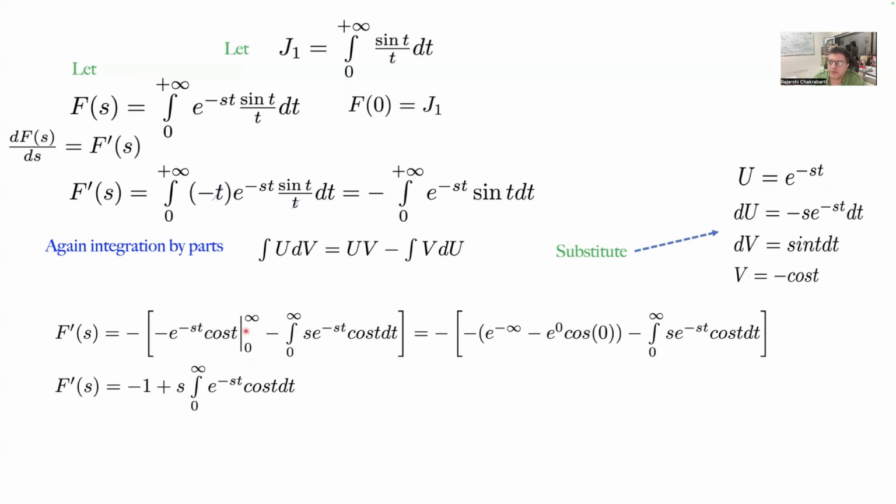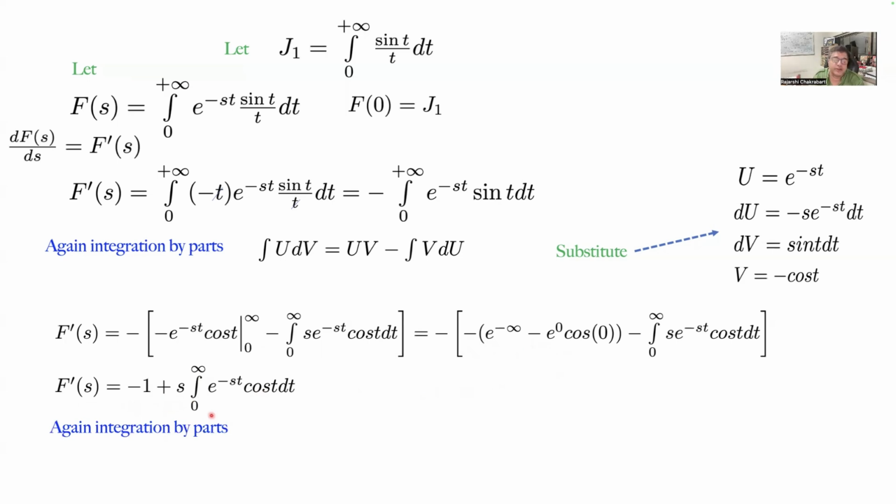When t goes to infinity, this exponential of minus infinity is 0. When t goes to 0, cosine 0 is 1. So it is actually 0 minus 1. With a minus sign here, you have to take care of all the signs very carefully. And you will see that f prime s is minus 1 plus s times this integral.